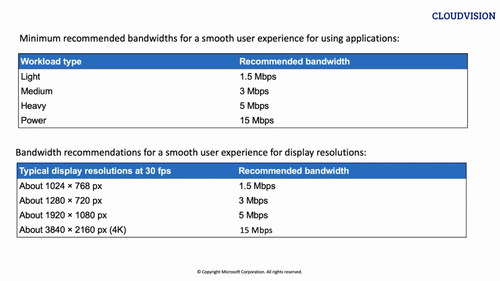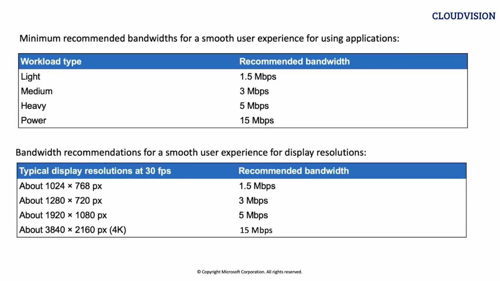In that case, the recommended bandwidth at least, when you go with heavy, and if I'm using some heavy enterprise-based applications which are executed during the session itself, obviously it is going to consume a larger amount of bandwidth.